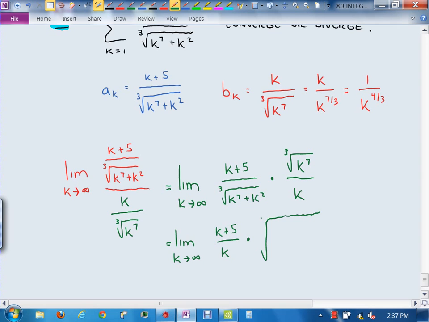Cube root of k to the 7th over k to the 7th plus k squared? Any questions on that? Since these are both under cube roots, I just make a fraction under a cube root.